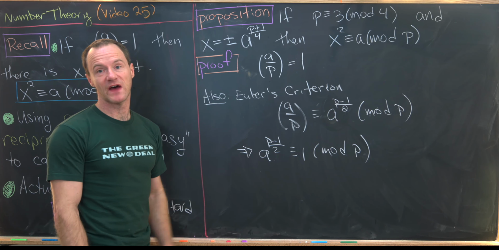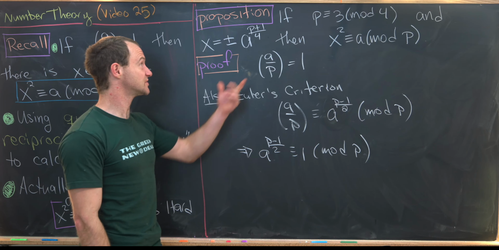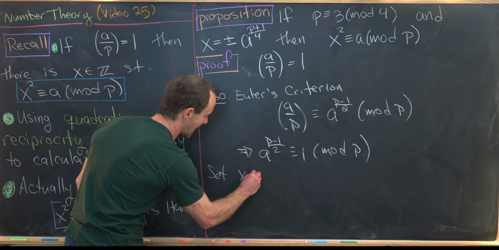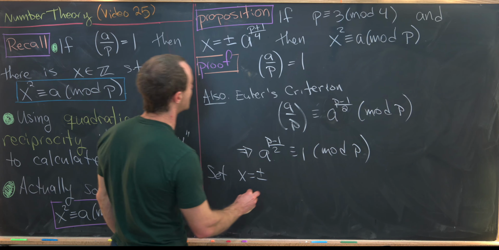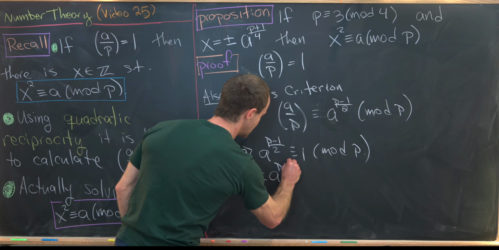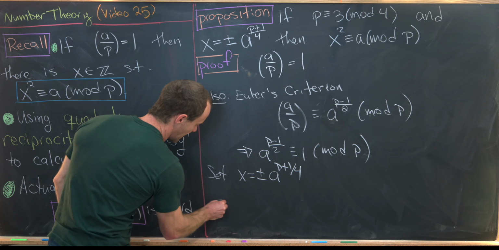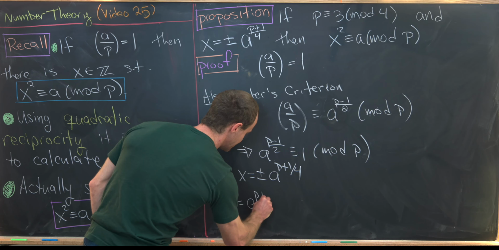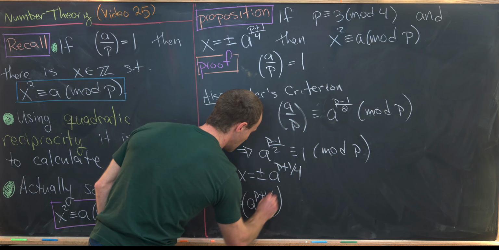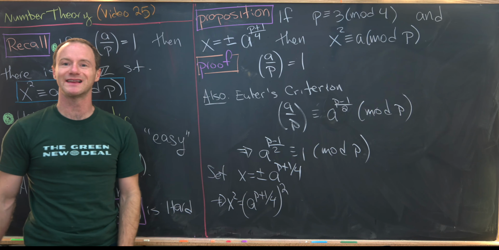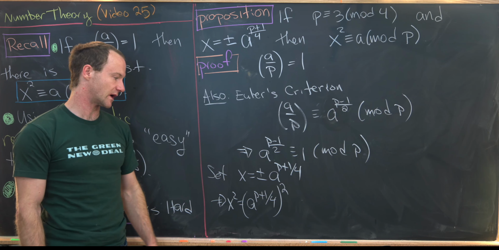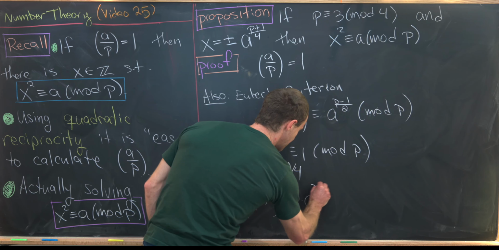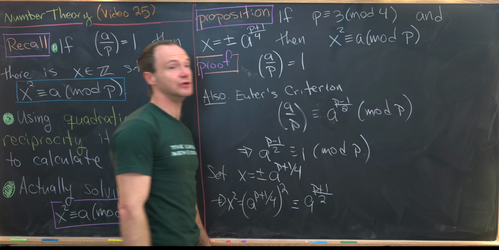Those are all of the facts that we need to build up, and now we can just compute the square of this object. Let's set x equal to plus or minus a to the (p plus 1) over 4, and notice that means x squared is a to the (p plus 1) over 4, quantity squared. Notice the minus sign, which is potentially there, squares out. That gives us a to the (p plus 1) over 2.